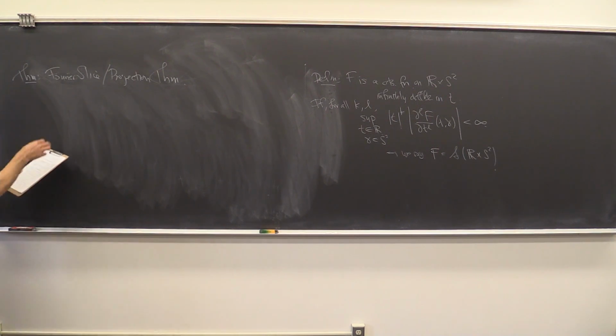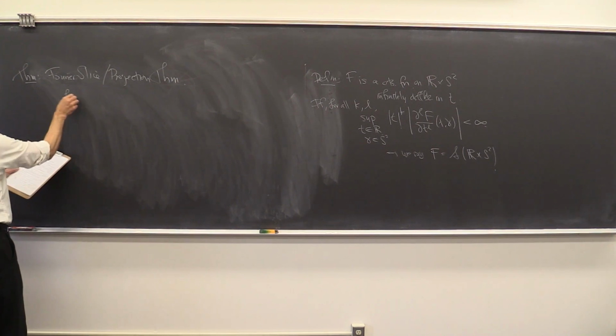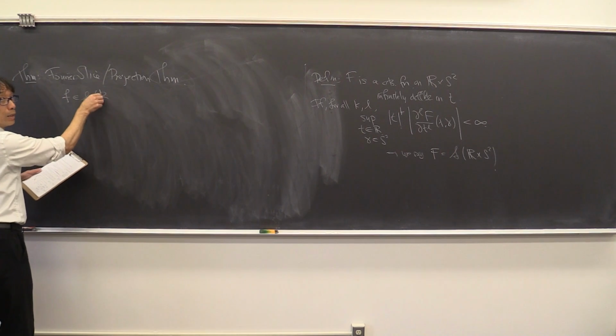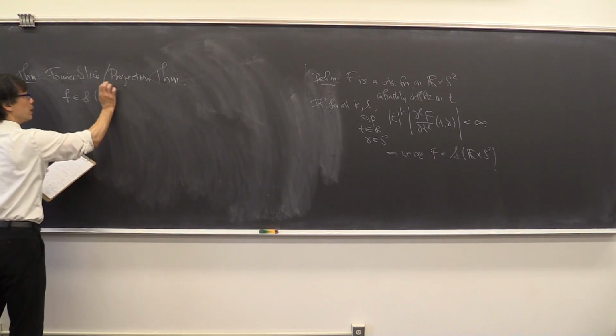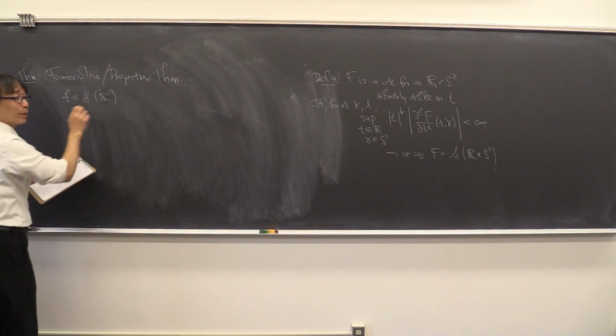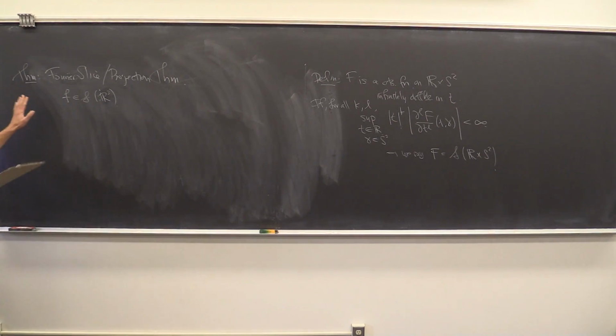Okay. And it says the following, that if you start off with a function, we're doing the central result in the theory of the Radon transform, the Fourier Slice Theorem.